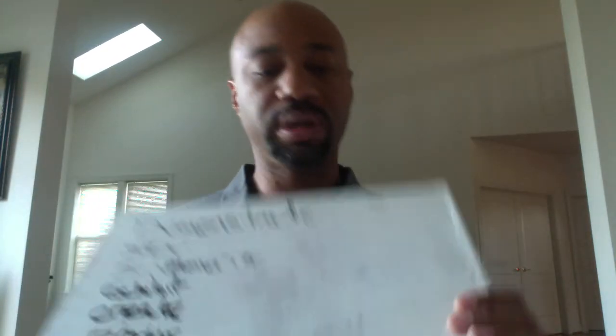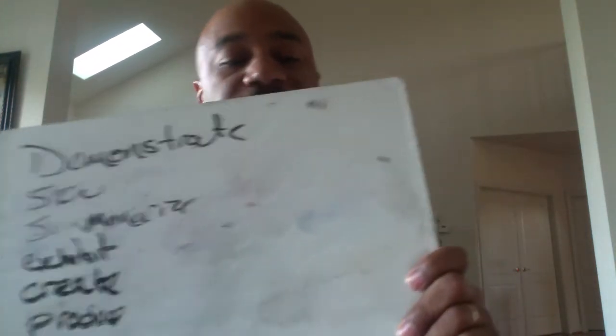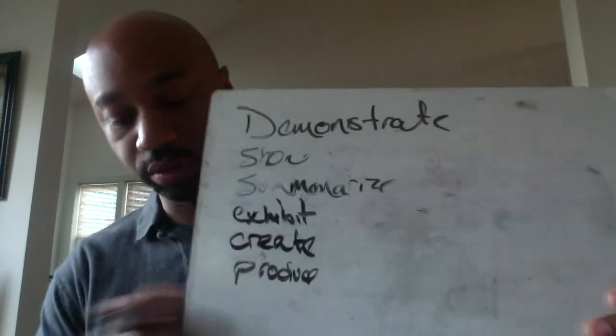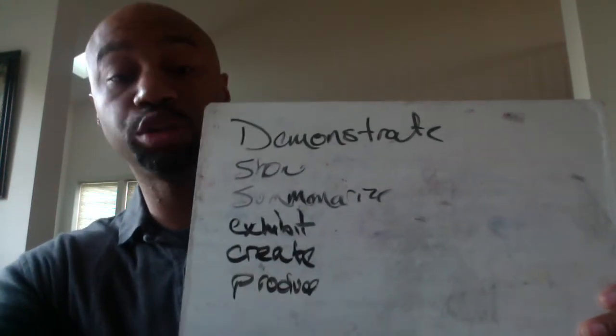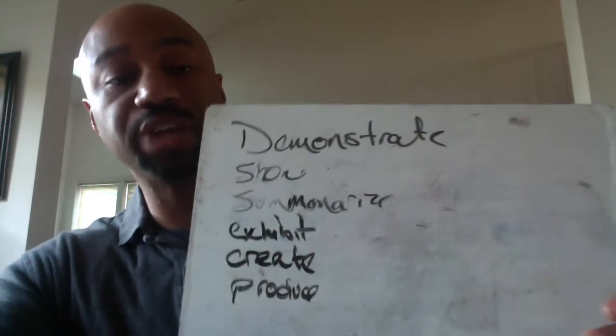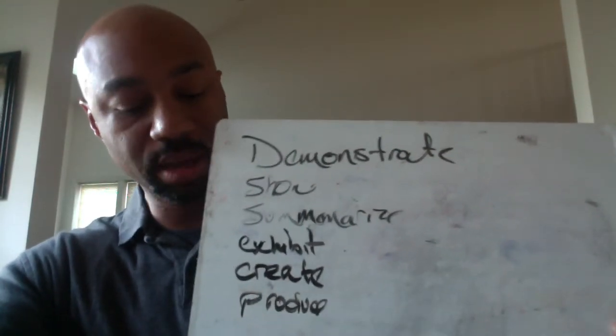Create, that's a huge one. Can they produce? These are all example words that I want you to keep in mind, and you can add on some things to this. Can they assess? Can they perform? Can they judge? Those are the types of things you want students to be able to do to measure what it is that they understand, okay?